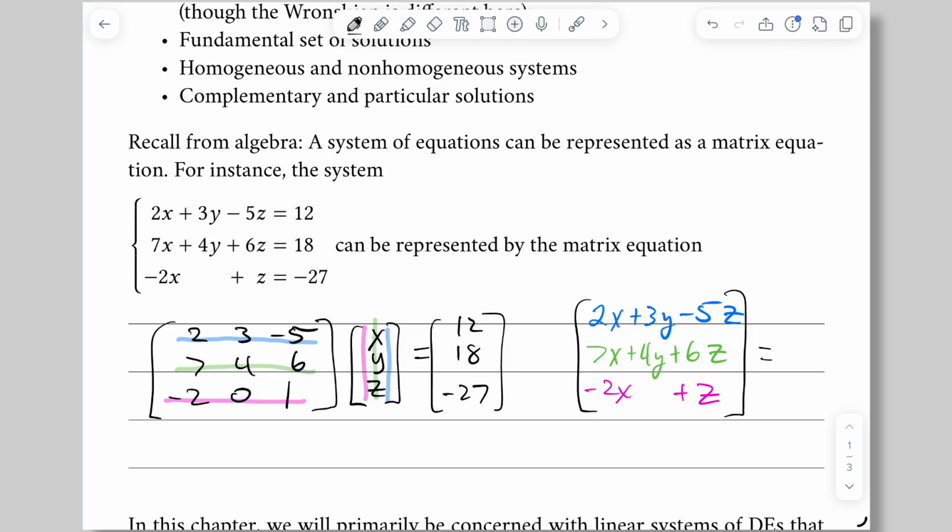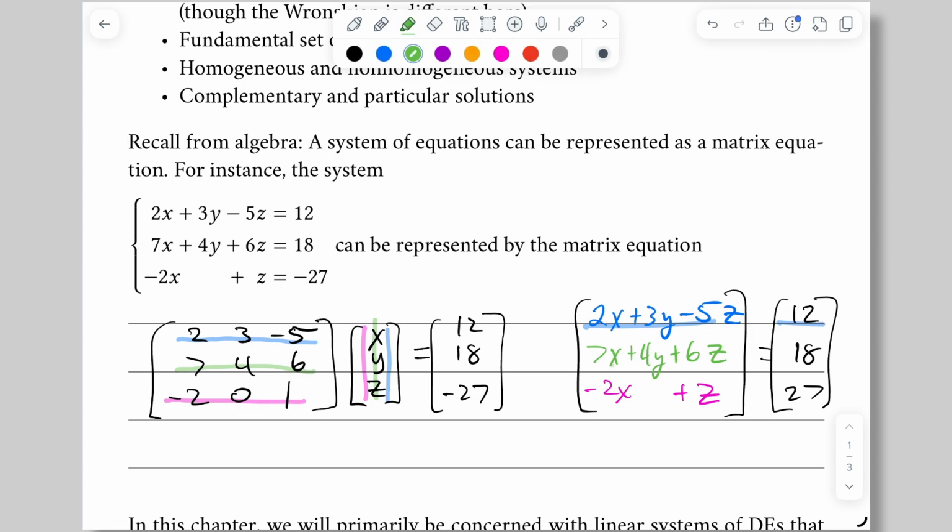That's the result of multiplying the two matrices on the left, and the matrix on the right is 12, 18, negative 27, and we have two matrices that are equal, and that'll occur if the entries in each matrix are equal, and that's how we end up with a system of equations from this matrix equation.